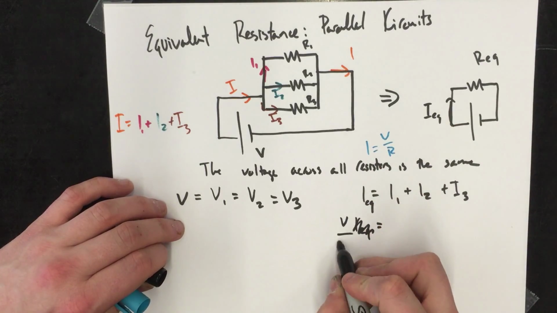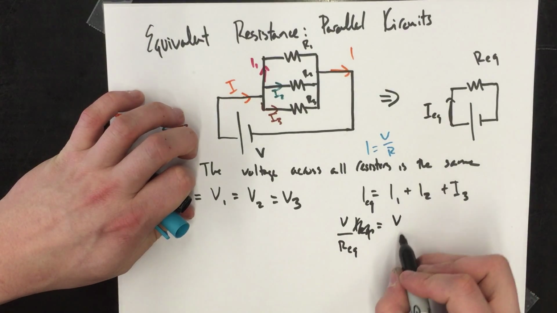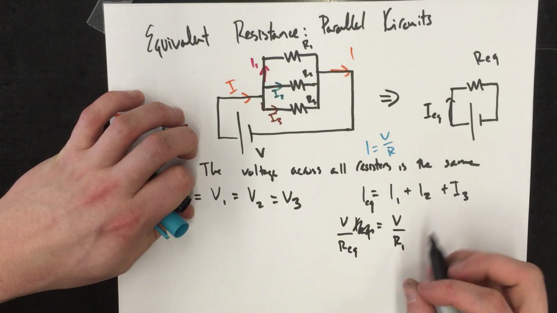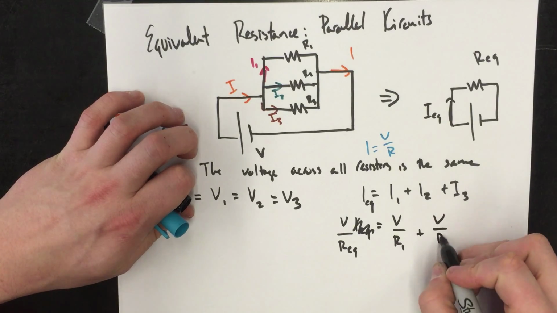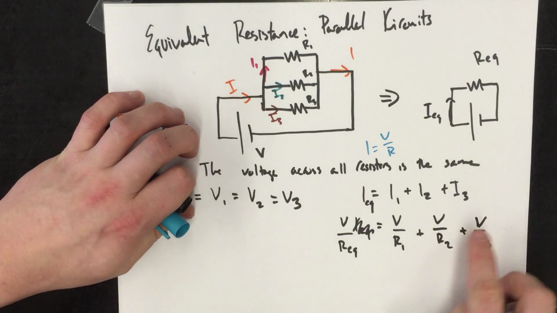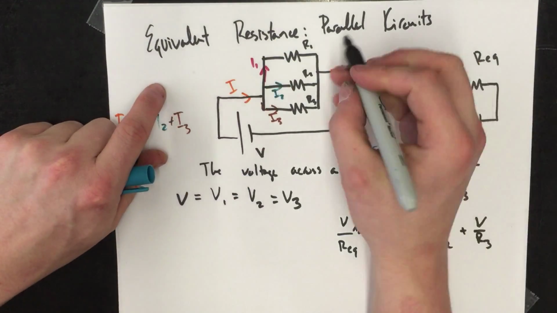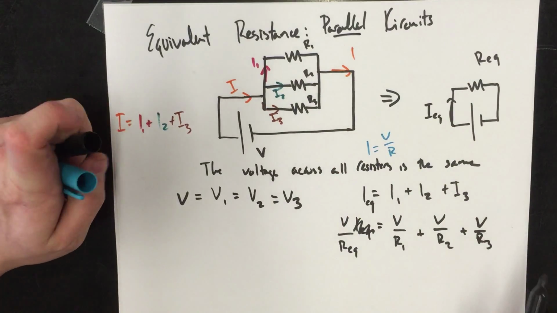It's the voltage over the equivalent resistance is the voltage over R1 plus the voltage over R2 plus the voltage over R3. I'm calling these all V because I know that all the voltages across each resistor in parallel circuits is the same.